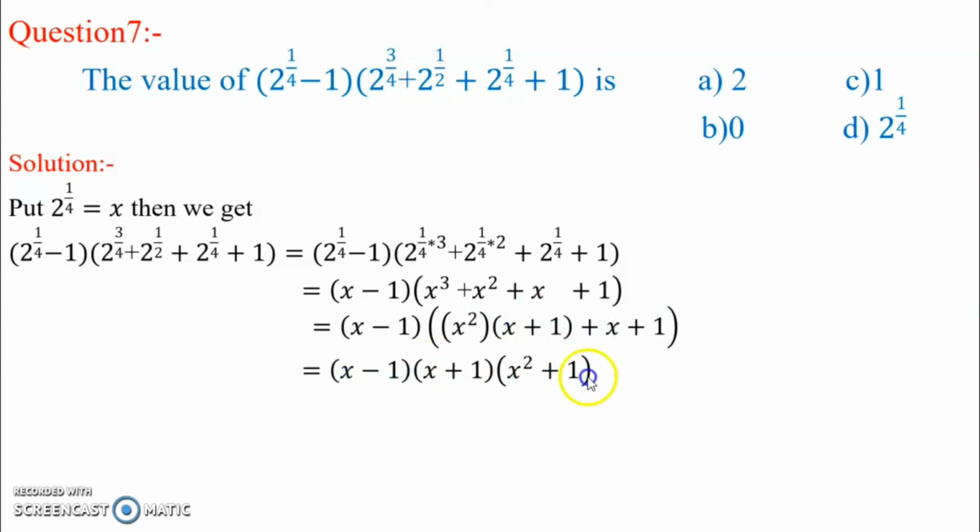Now what will happen here? I will be using an identity. What is the identity? This x minus 1 into x plus 1 is the same as x square minus 1. I'll show you which identity I am using.